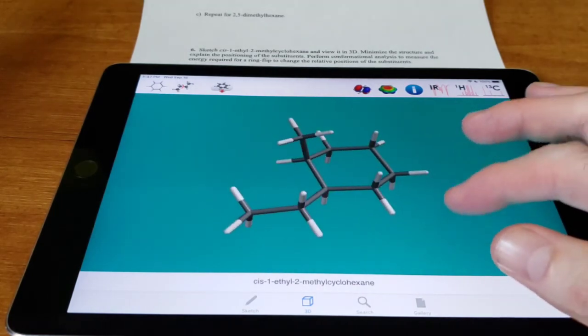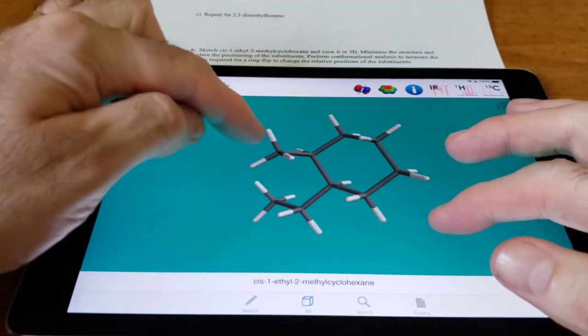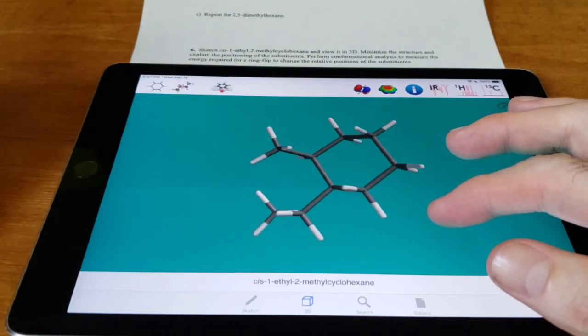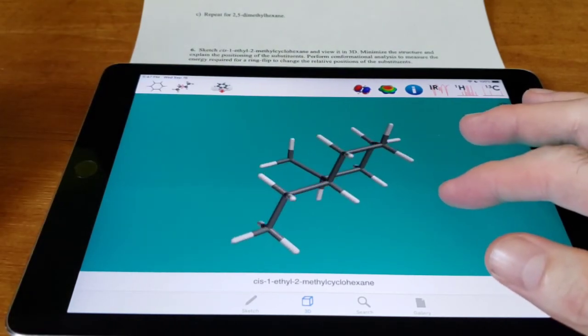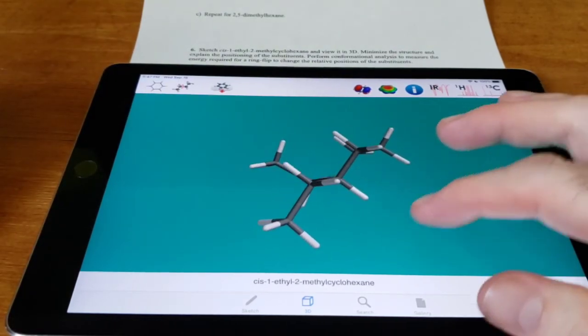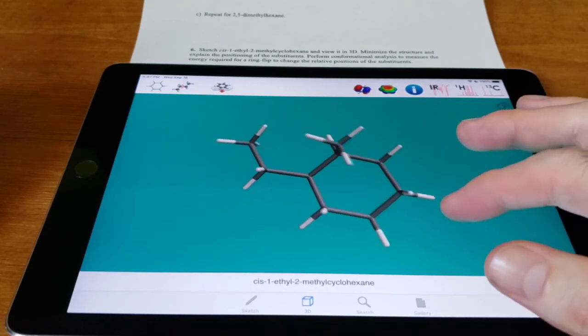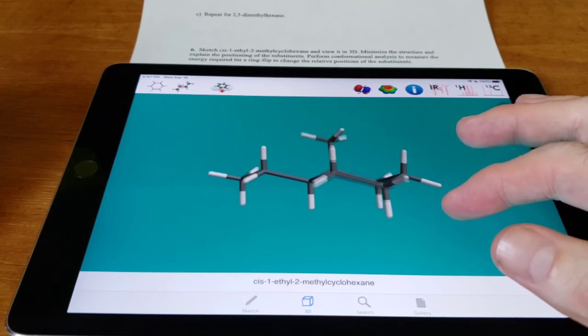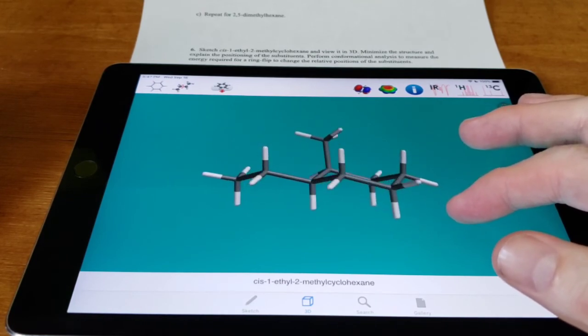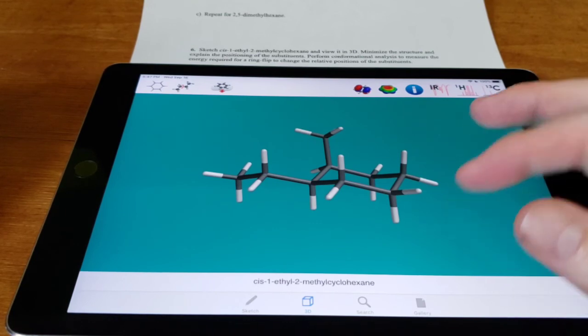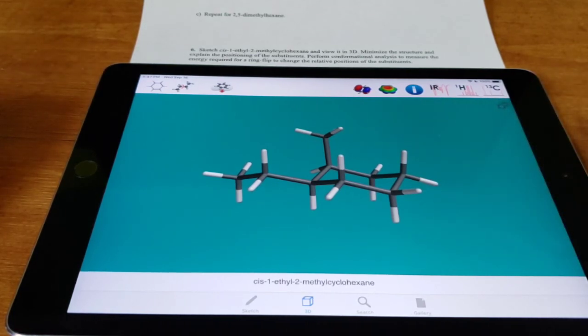Now we can see the ring, and then there's a methyl substituent and an ethyl substituent. They're both on the same face of the ring, but the ethyl is clearly in an equatorial position, and the methyl is in an axial position, where we would have expected it to be, because we were told the larger the group, the more its desire to be in an equatorial position.